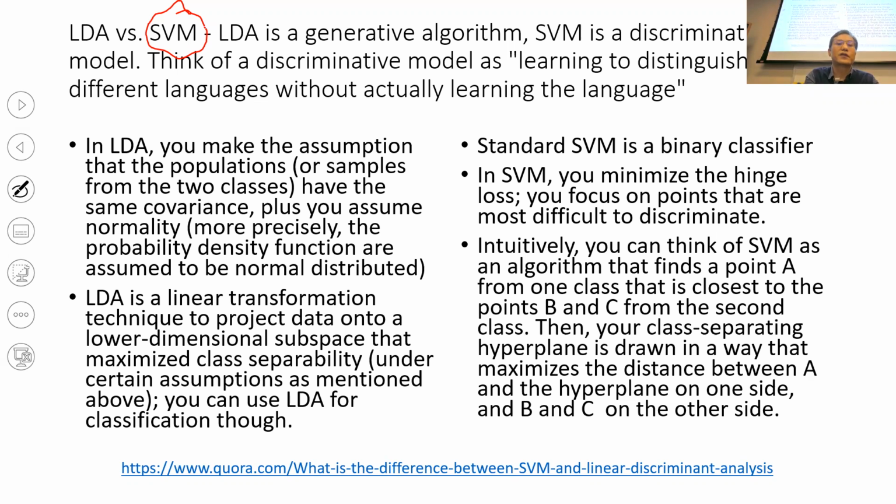The difference is that LDA assumes, for example, that the two populations, two classes, have the same covariance and also follow normality. So it assumes the data points are normally distributed, and the covariances are comparable between the two classes.